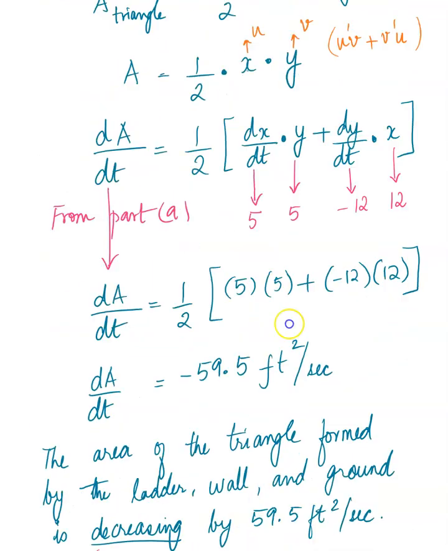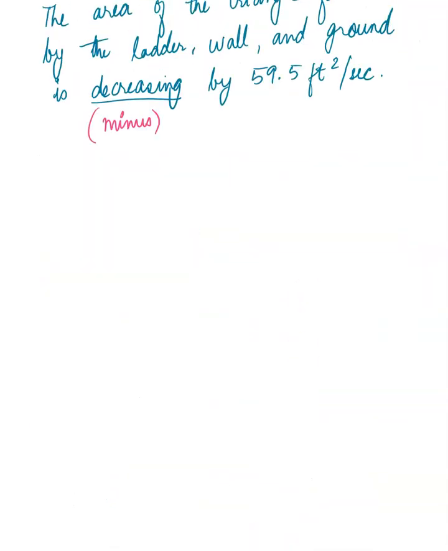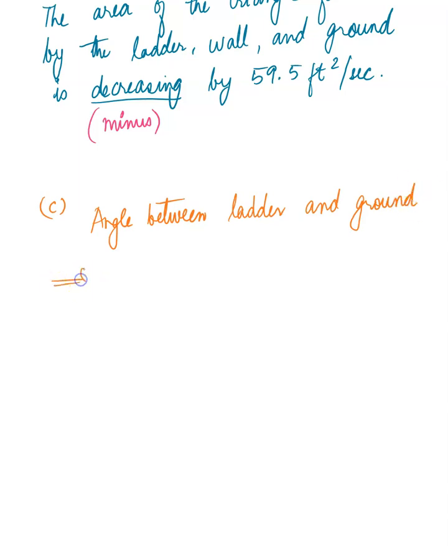So I'm going to come down here, say, okay, we have for part C, angle between ladder and ground implies angle, I'll say theta now.